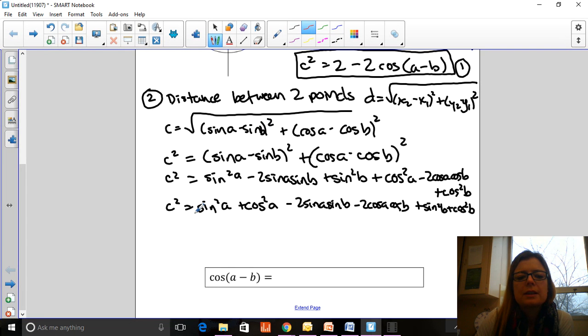Now, this is why I went over this at the beginning, because sine squared A plus cos squared A is just equal to 1. And sine squared B plus cos squared B is just equal to 1 from the Pythagorean identity.